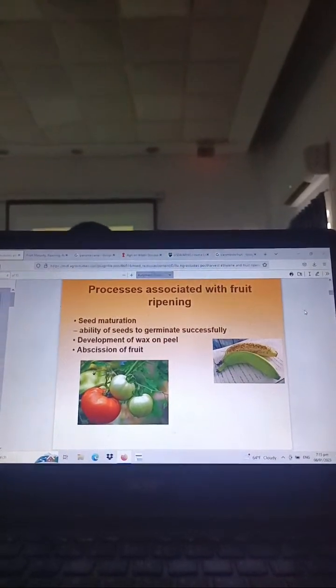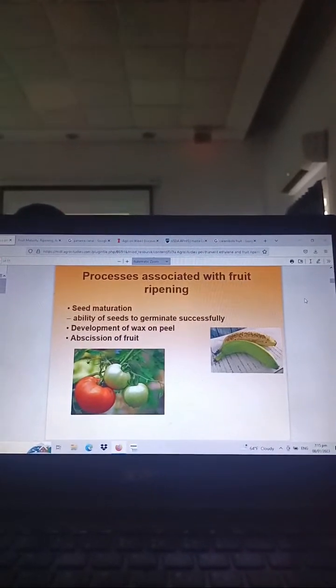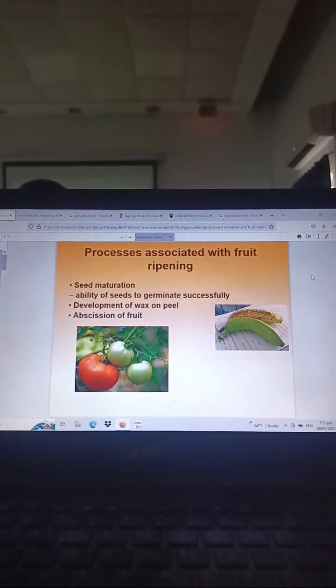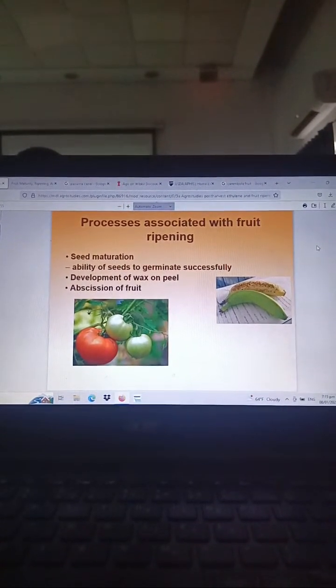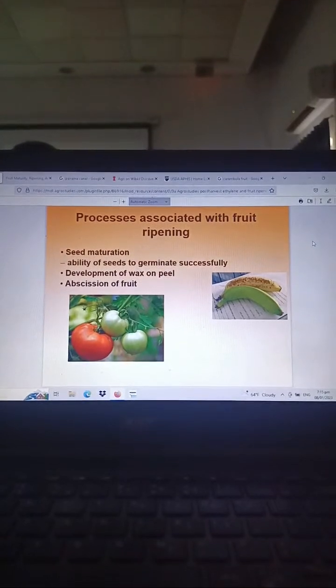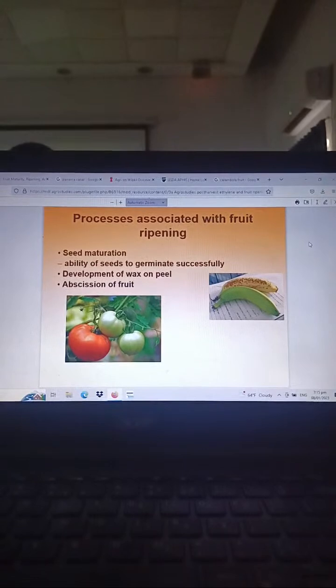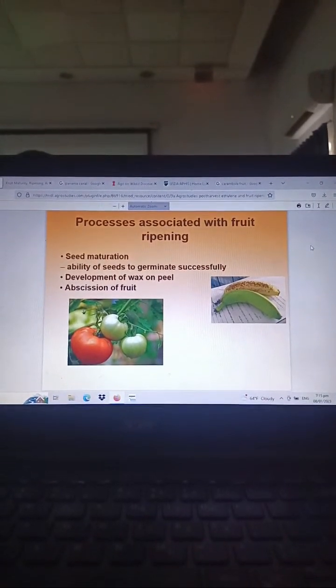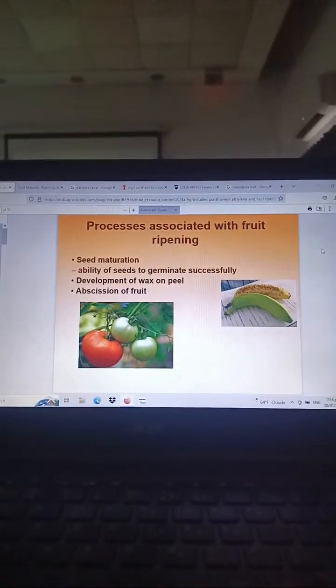When it ripens more, it will make ethylene, a simple ethylene molecule. And this ethylene will not only make the red color, it will make the fruit softer, it will make the taste of the tomato, it will make everything.